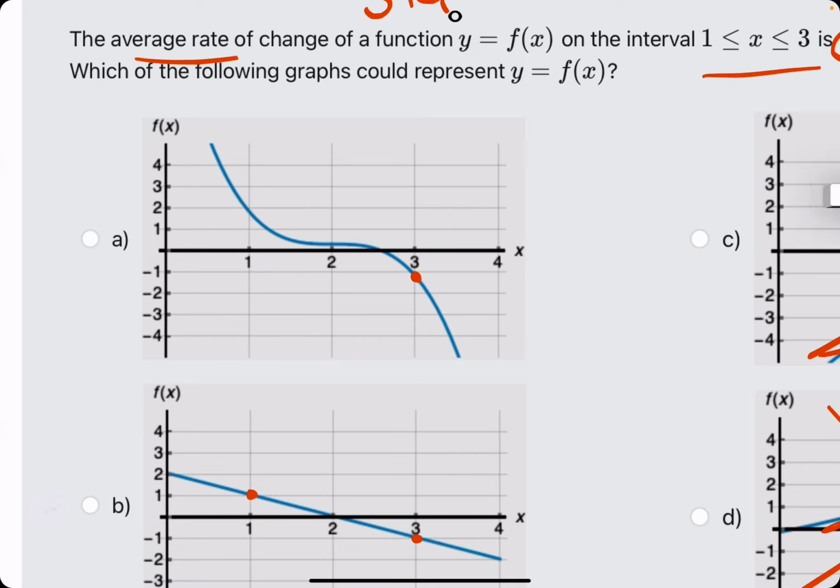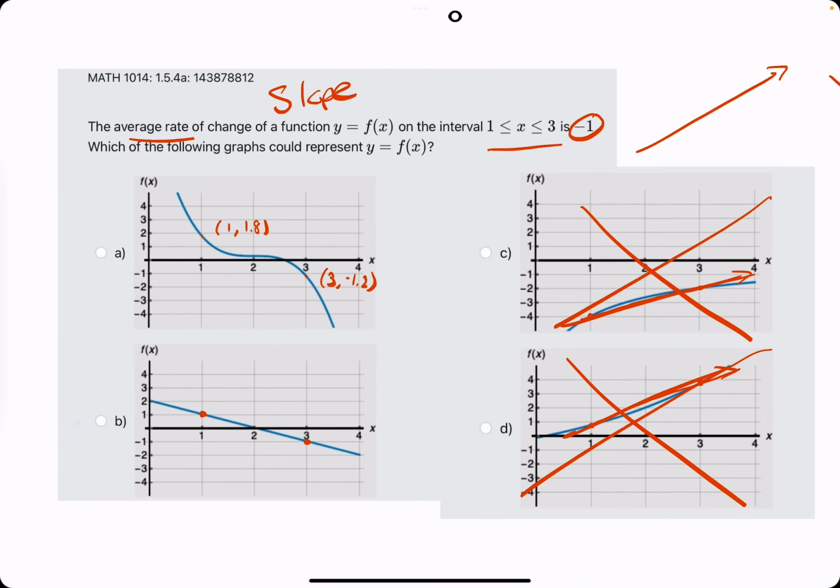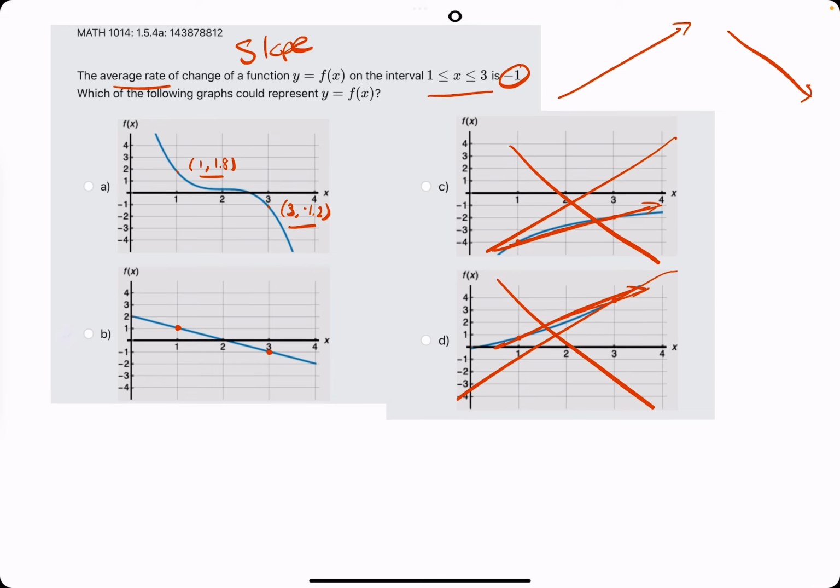So for this first one, let's identify the ordered pair at 1 and at 3. The ordered pair at 1, it looks like it's just below 2, so I'm going to say 1.8, the y value, that is. And then at x equals 3, we can see that this is just below -1, so maybe -1.2, okay? So what we're going to do is find the slope between these 2 points by doing y2 minus y1 over x2 minus x1.